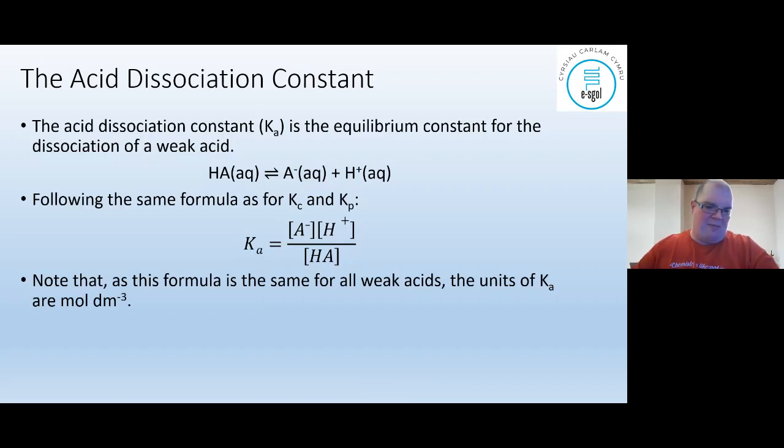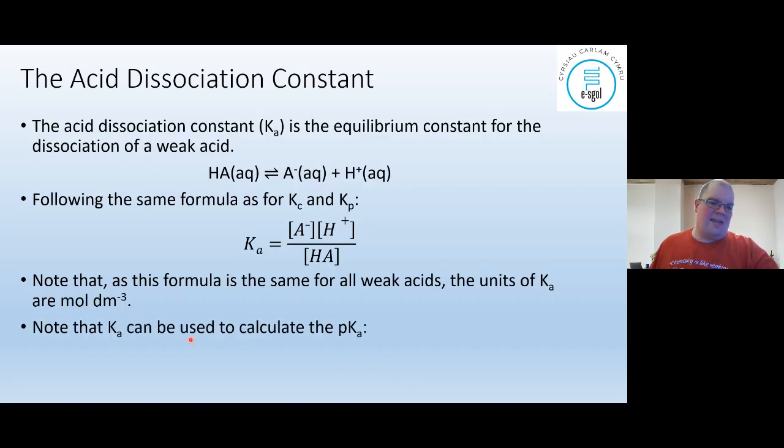Now, because this is the same formula for all weak acids, and all weak acids you're going to be dealing with are monoprotic, they only give off 1 proton, the units of Ka are always moles per dm cubed. Ka can be used to calculate a value called pKa, which is very similar to pH, which I will refresh you on later when we start going through some pH calculations.